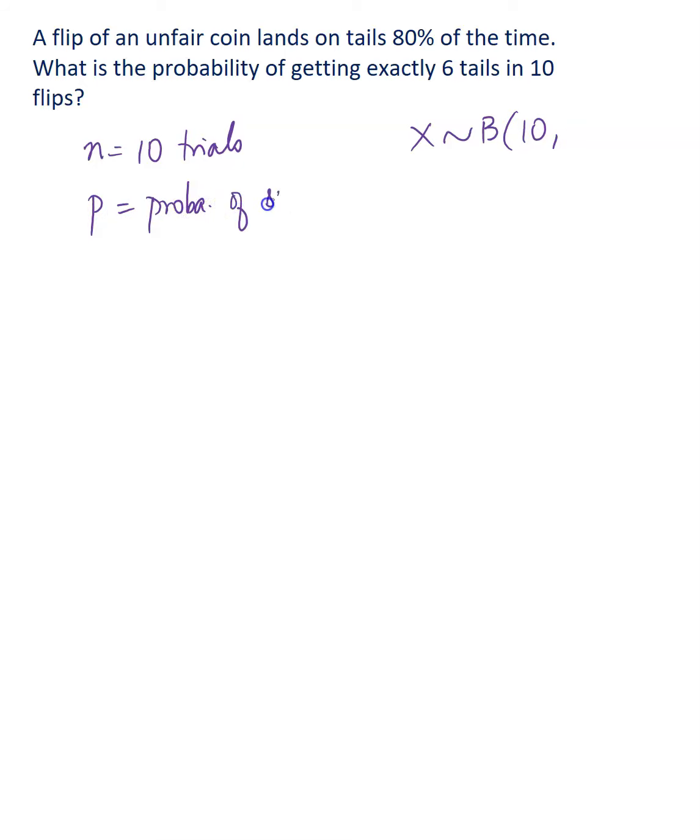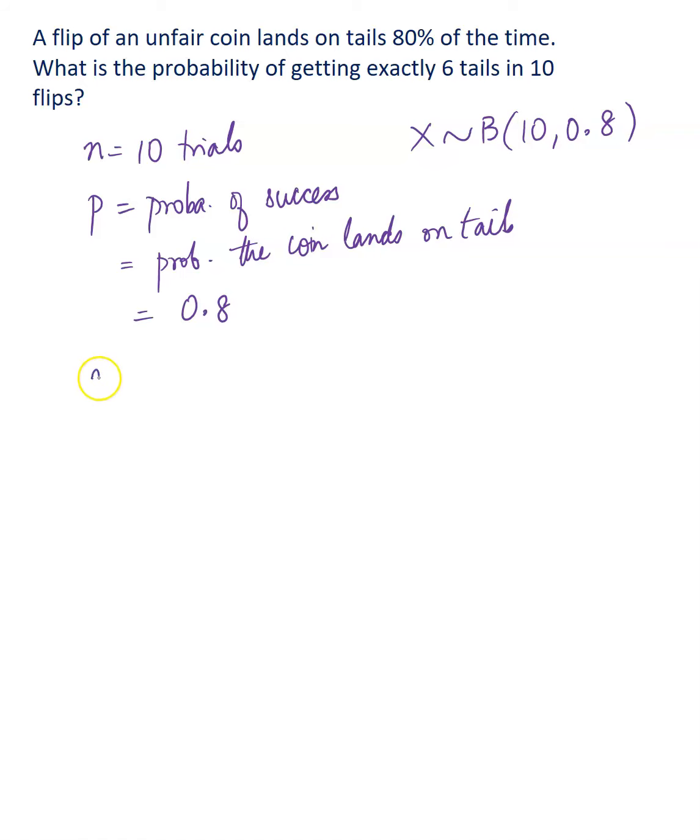Here it means the probability the coin lands on tails. That is given to be 80%, which is 0.8. So if I were to use the notation, then we'll say X is a random variable with the binomial distribution with parameters 10, 0.8. So we got that.